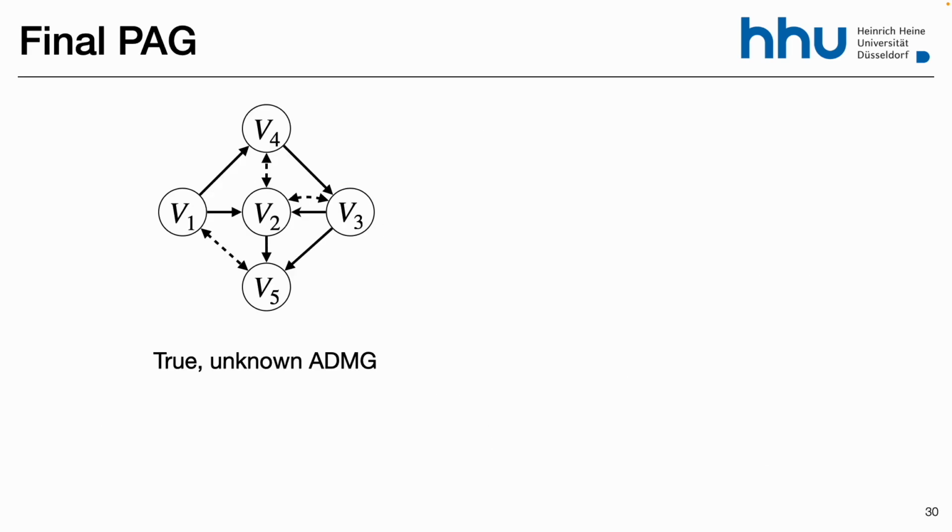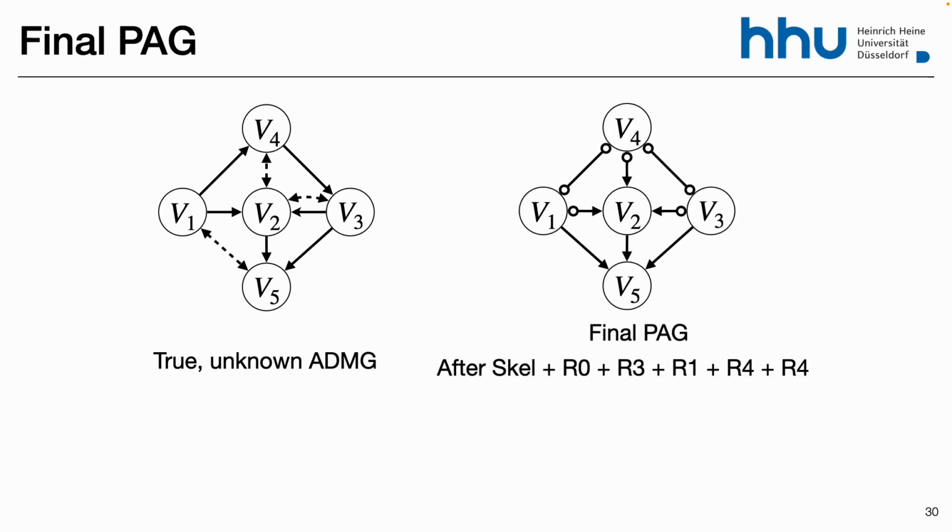Okay, that's our final PAG. So you apply just this set of rules. It started with the skeleton, then rules 0, 3, 1, 4, and 4 again. And then you got this. That's the Markov equivalence class of the set of conditional dependencies that you learned. If you check by m-separations, you're going to have exactly the same.